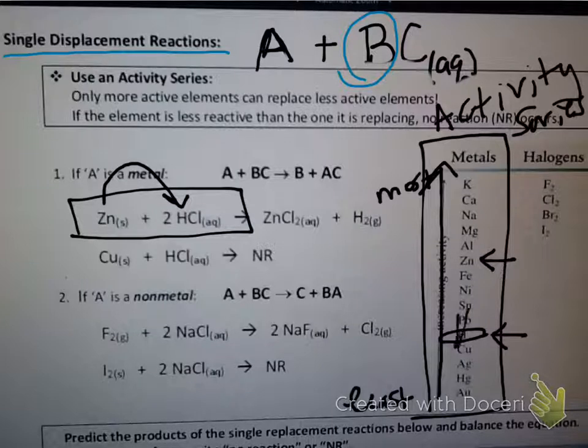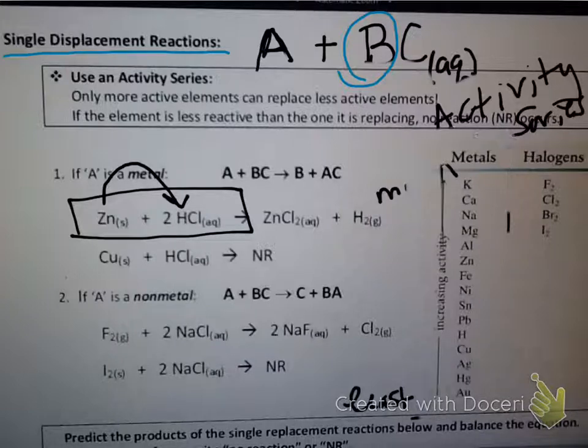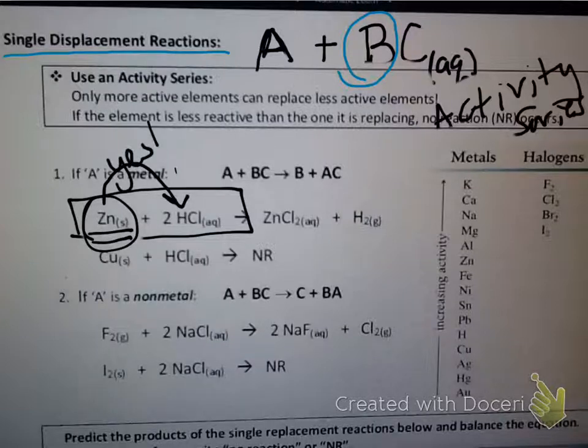So we would say that zinc would replace hydrogen. If the metal is more active than the cation, it will replace it, because it means it's more able to become a cation. All right. So because zinc is more active, we say, yay, it wins out. Because zinc is more active than hydrogen, yes, it will replace.